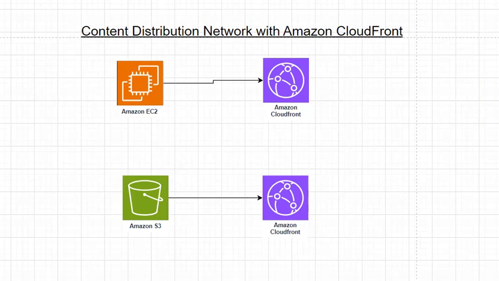I hope you understood how to implement this hands-on, that is, creating a content delivery network or distribution network by using CloudFront distributions for your servers. So I hope you understood this video and you got some hands-on knowledge from it.